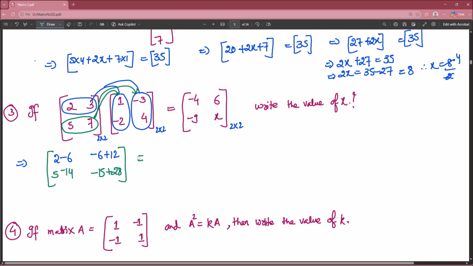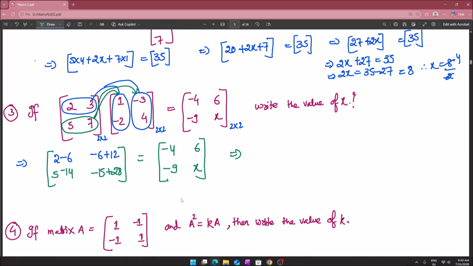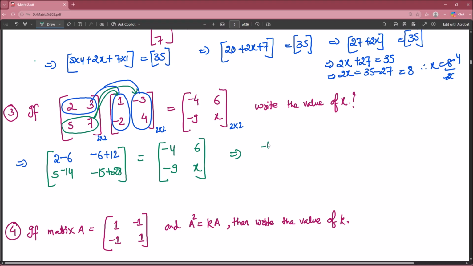This is equal to [-4 6; -9 x]. Now we have to solve: 2 minus 6 is equal to minus 4. 6 plus 6 is 12, that is 6 plus 6.